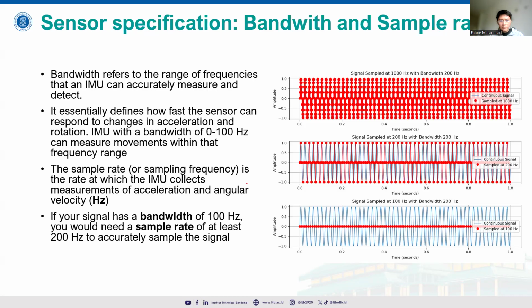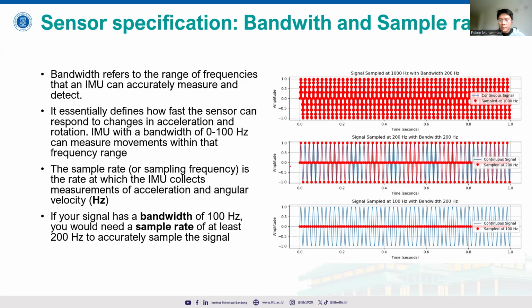And if you have a signal with a bandwidth of 100 hertz, you will need a higher sample rate than that, or at least the minimum bandwidth. But it requires more sample rate on the bandwidth so that it will have a more accurate sample of the signal.